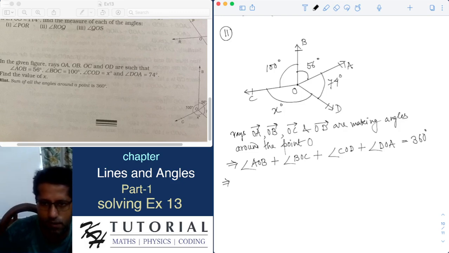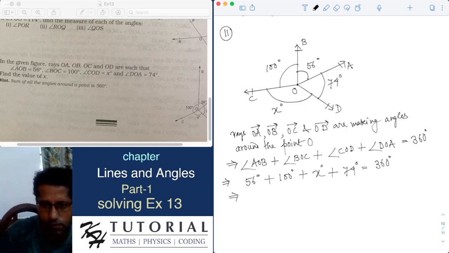Now angle AOB is given to be 56 degrees. So 56 degrees plus angle BOC is given to be 100 degrees. Angle COD we have to find, that is X degrees, and angle DOA is given to be 74 degrees. We have this equals to 360 degrees.